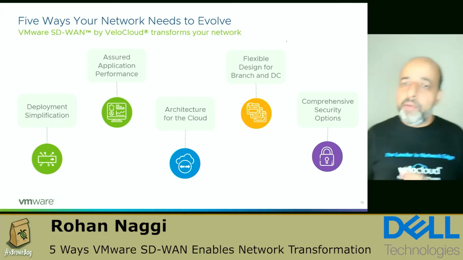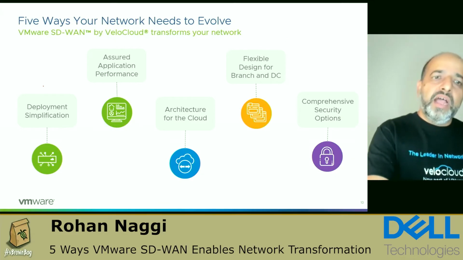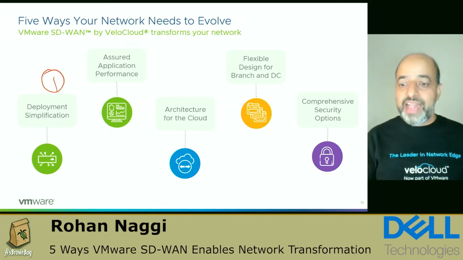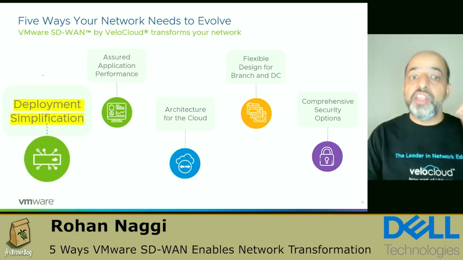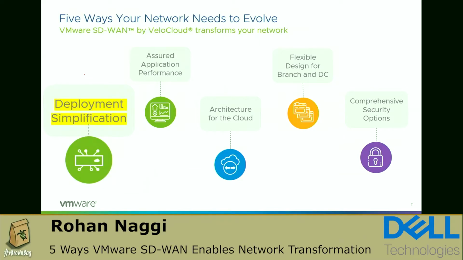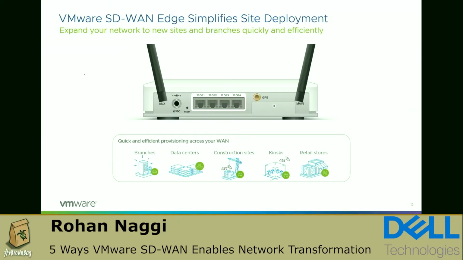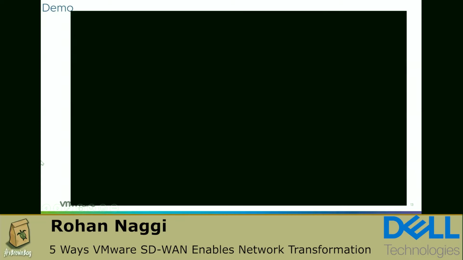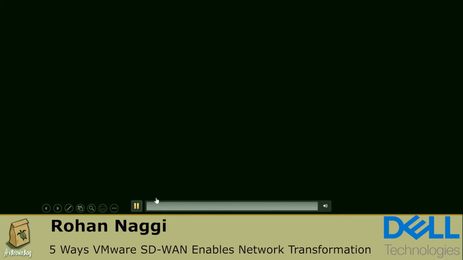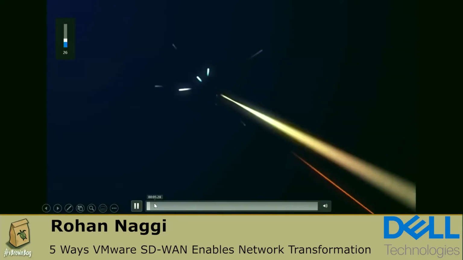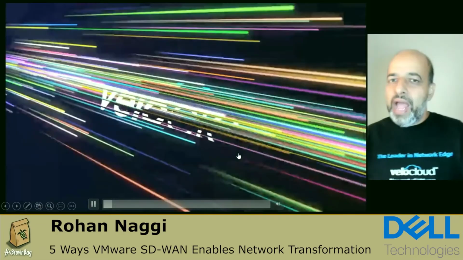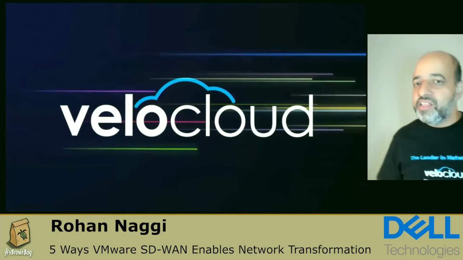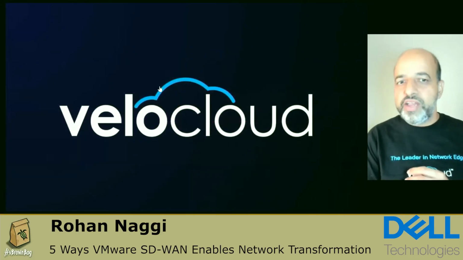And now, talking about those transformations, I think deployment simplification is the key we will talk about first. And this is where I want to show that zero-touch provisioning when the edge device is drop shipped to your home or branch office. I'm going to share a video and talk through it. As an enterprise admin, you will create a site from the orchestrator.